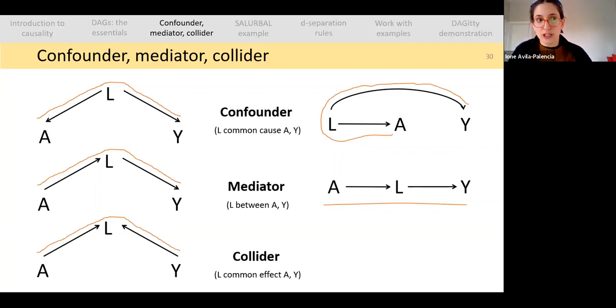So if you draw a DAG and take into account all the different variables and factors that can affect your research question, whether you will measure them or not, you will be able to identify if you will have, for example, residual confounding, or some bias because you won't take into account certain things.